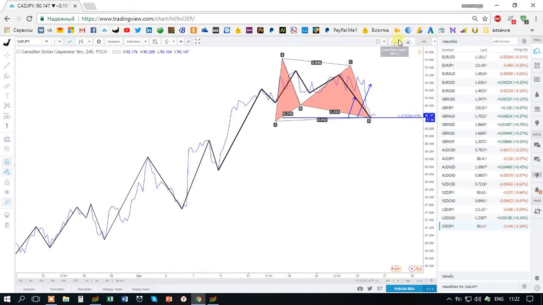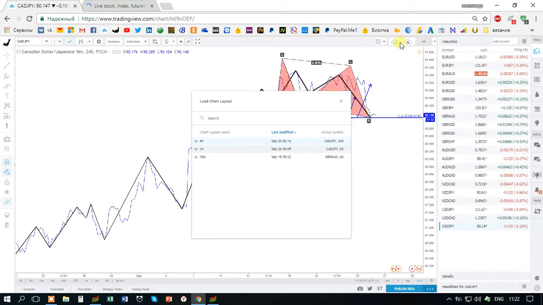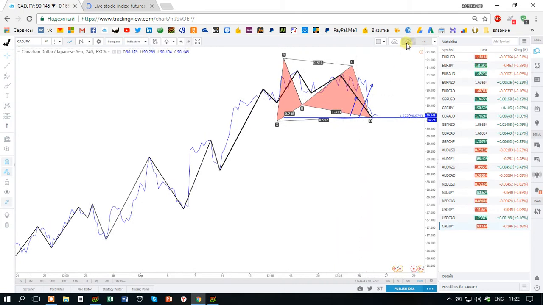Let us switch to 1 hour time frame. It is here. We don't need this anymore, so I will save the changes. Waiting for it to load.